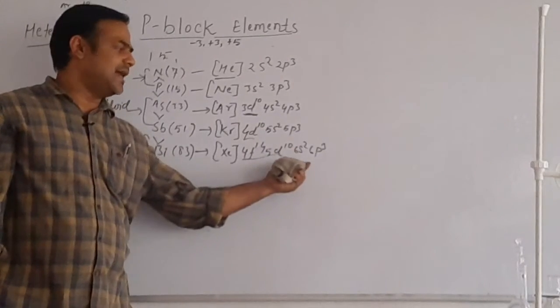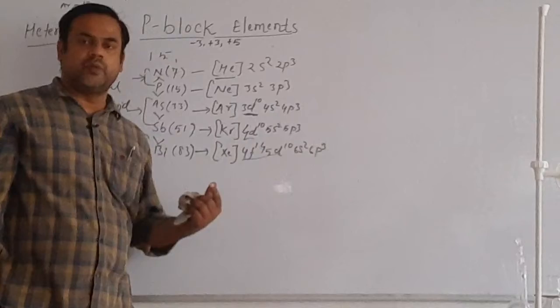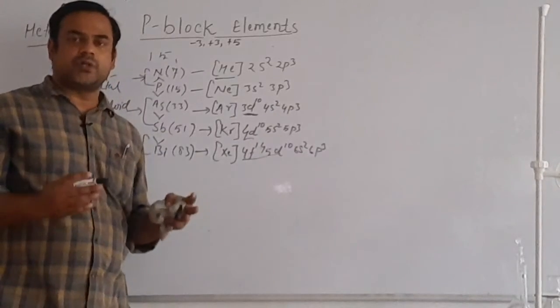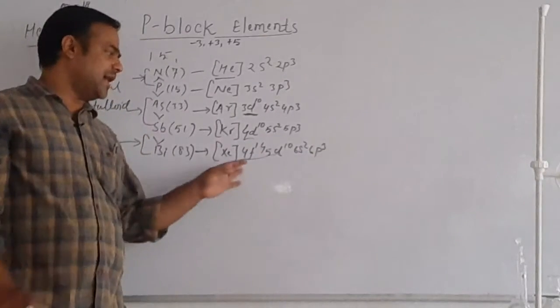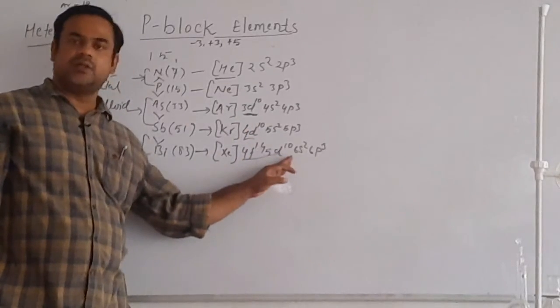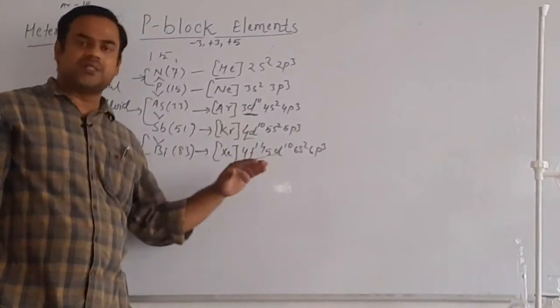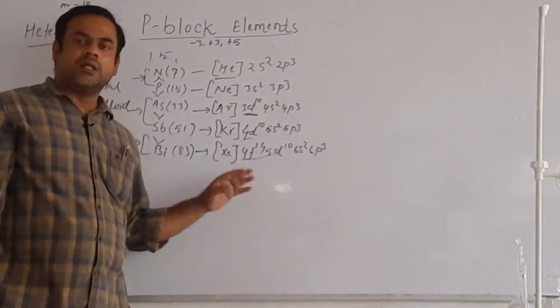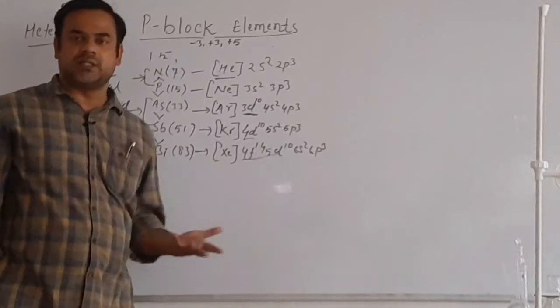We already know that s subshells are closer to the nucleus, so they have more attraction from the nucleus. Apart from that, the f and d subshells have very low screening effect on the s electron, so the effective nuclear charge further increases.